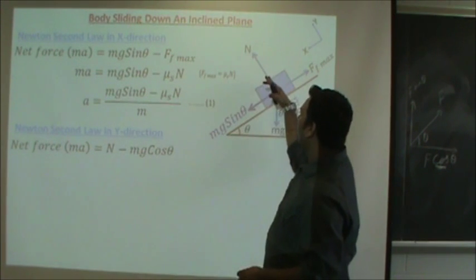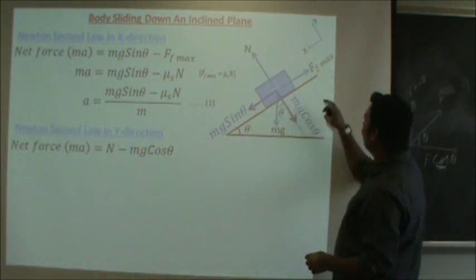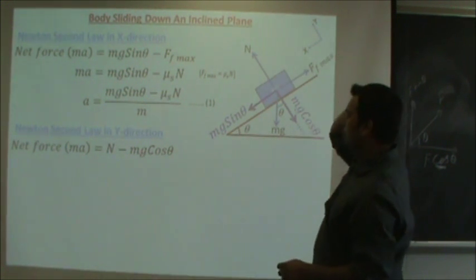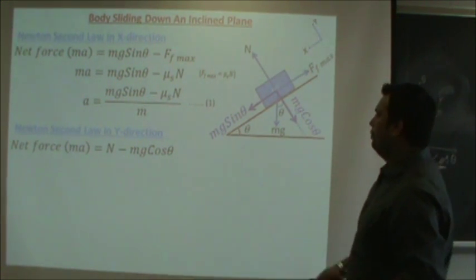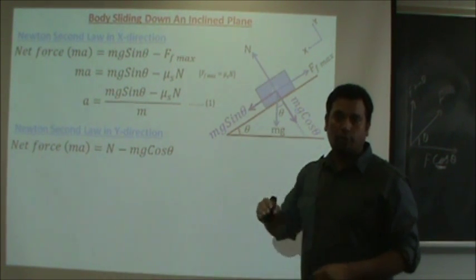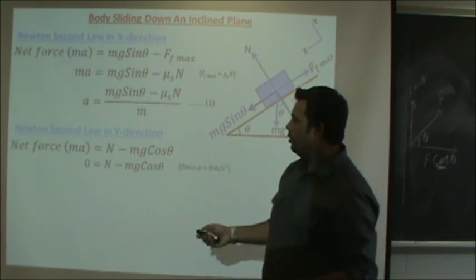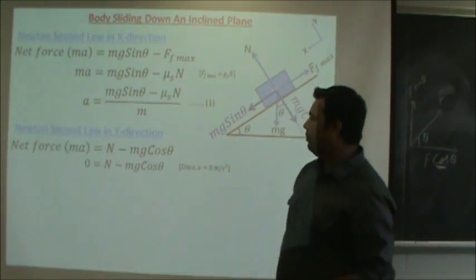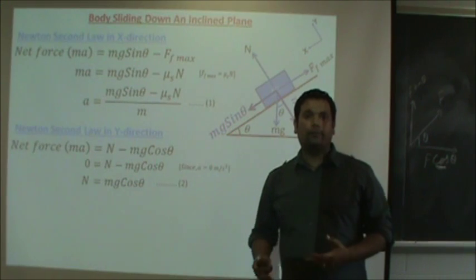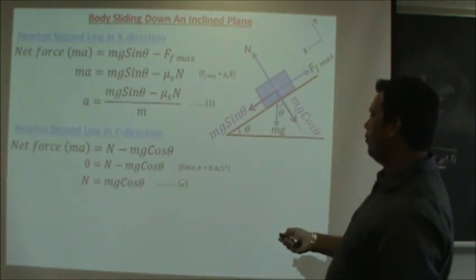The normal is in the positive y direction, mg cosine theta is in the negative y direction, based on our choice of axis. But this object is not moving in the y direction. That means the acceleration is 0. So the acceleration is 0 and the normal is equivalent to mg cosine theta. Okay, so let's say this is my equation 2.